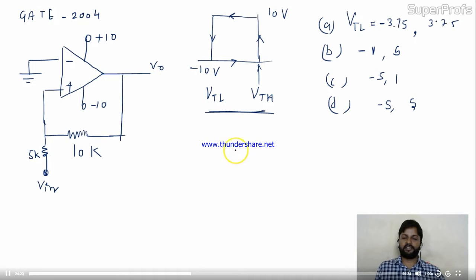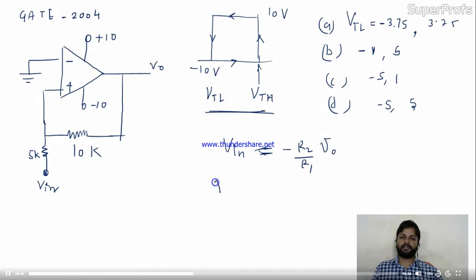So how to proceed? We just calculated that the relation between V in and output was minus R2 by R1 of V naught.